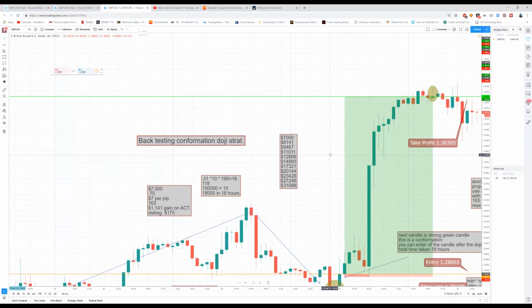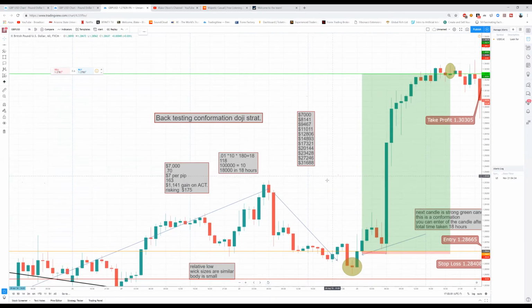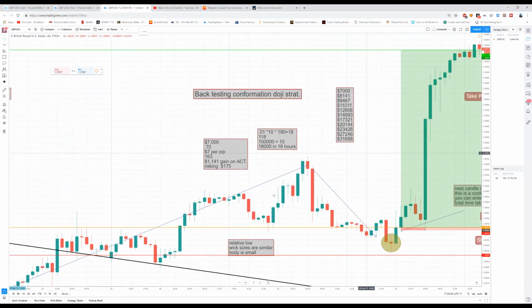And because of that, that's why we take multiple entries at the beginning, usually of equal size position. So instead of doing one of 0.7, I might take one of 0.3, another one of 0.3, and another one of 0.1. And then in total, that would still be 0.7.